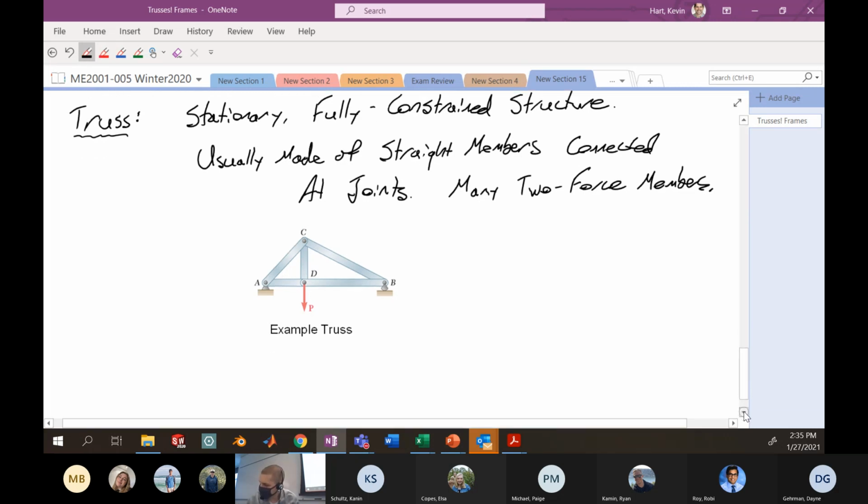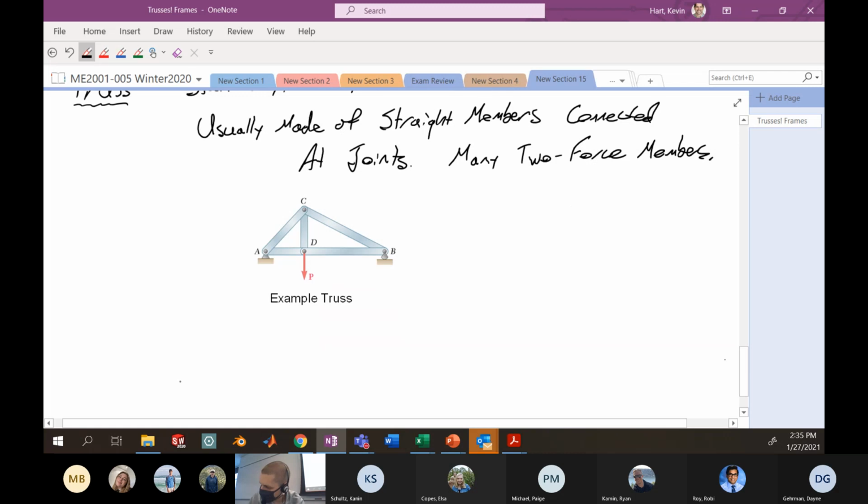This is differentiated from a frame. A frame is similar, and I would say a truss and a frame are interchangeable vocabulary, but they differentiate in your book, so I'll do it as well. Typically stationary as well, but has one or more multi-force members.